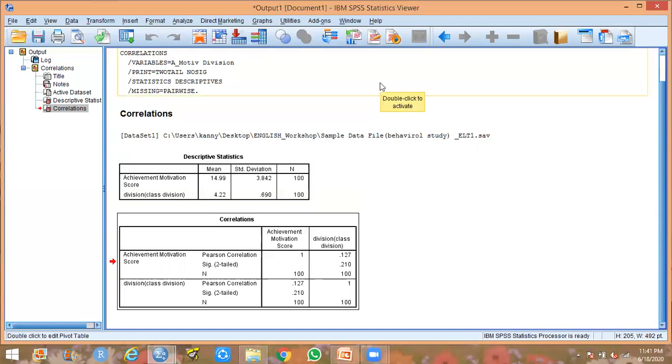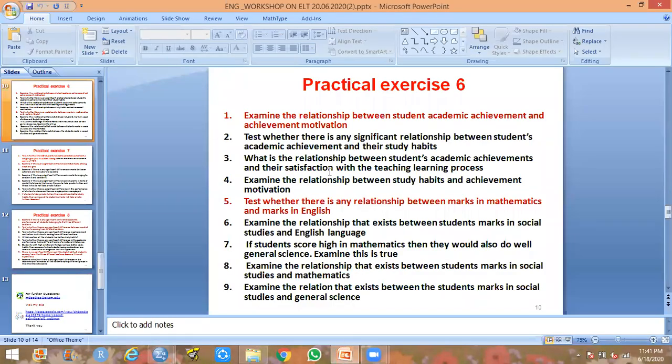So now I'm going back. Now here several statements are there. I'm taking another one: test whether there is any relationship between the marks in mathematics and marks in English. Now marks in mathematics is one variable, and marks in English is another variable.